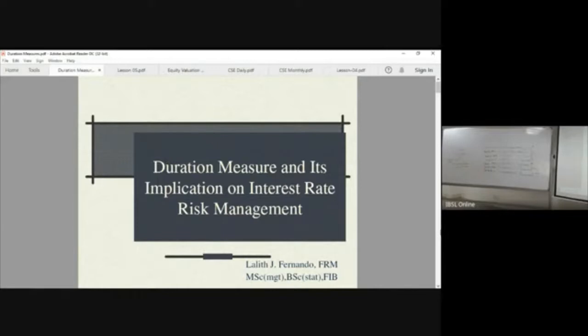Now, the concept of duration means the period at which what he has invested is paid back. That is the period we refer to as duration.